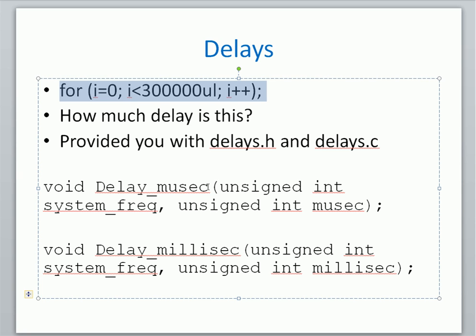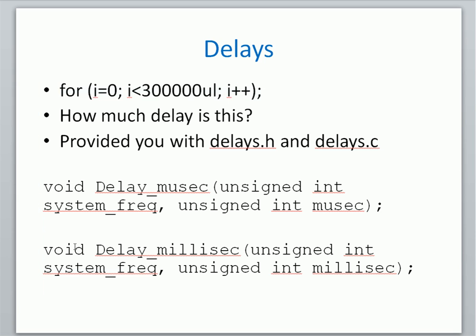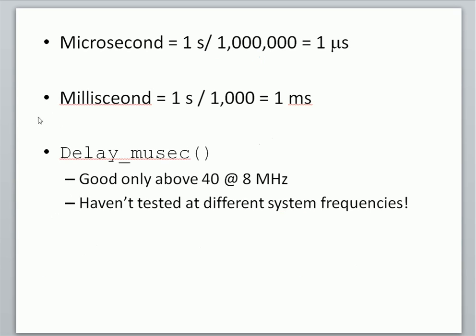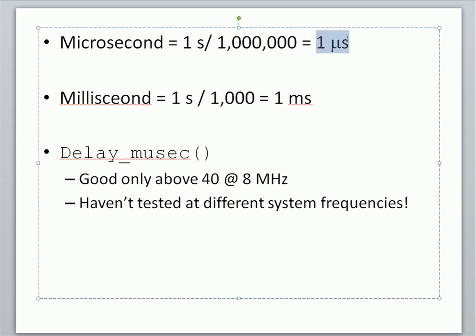One's delay microseconds, depends on what the system frequency is and how many microseconds you want. And one called delay milliseconds, same idea. Remember, a microsecond is 1/millionth of a second, and the metric abbreviation is 1 μs. A millisecond is 1,000th of a second, 1 ms.